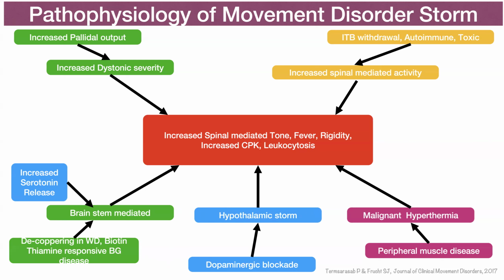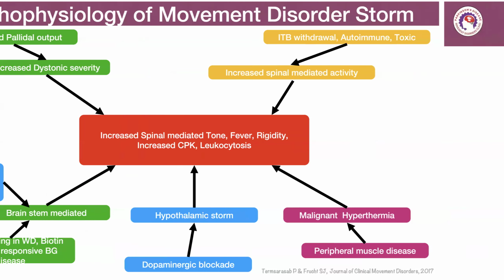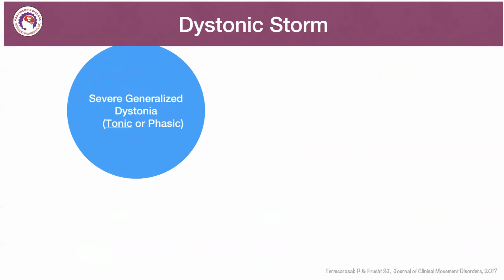So there are different reasons. The end result is an increase in spinal mediated tone, fever, rigidity, increase in muscle enzymes and leukocytosis, leading to dystonic storm. So dystonic storm has two components we should remember.